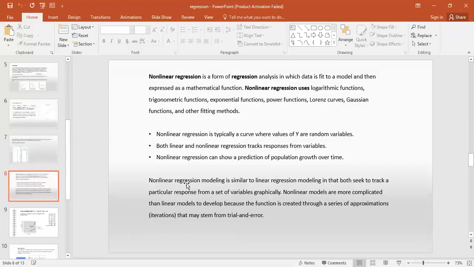Coming to non-linear regression, regression is classified into linear and non-linear based on whether the curve is linear or non-linear.